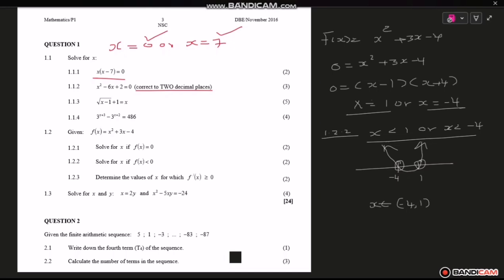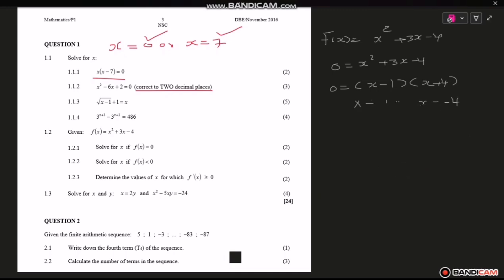Then now they want us to determine the values of x for which the first derivative is greater than or equal to 0. I hope it makes sense. If you remember calculus, where the graph increases or where it is equal to 0. So you're going to differentiate f.